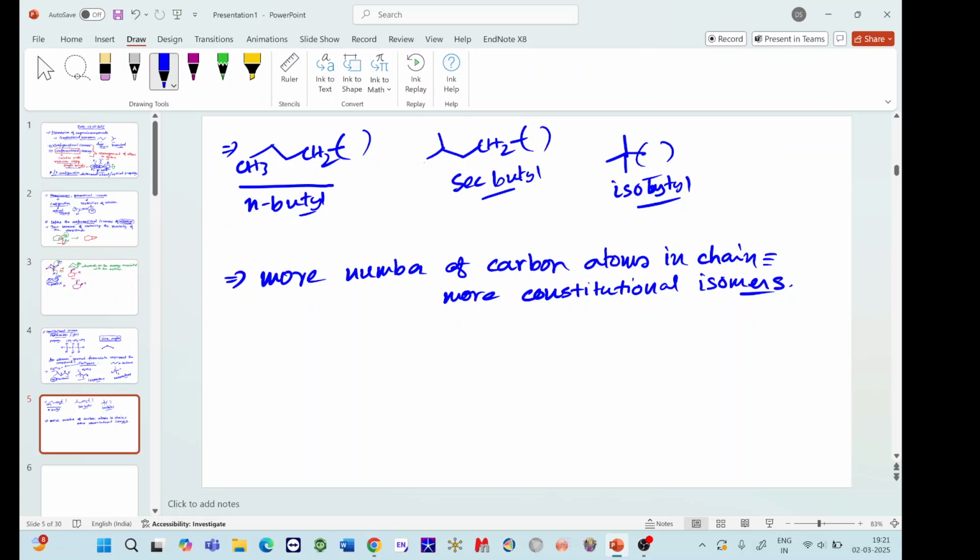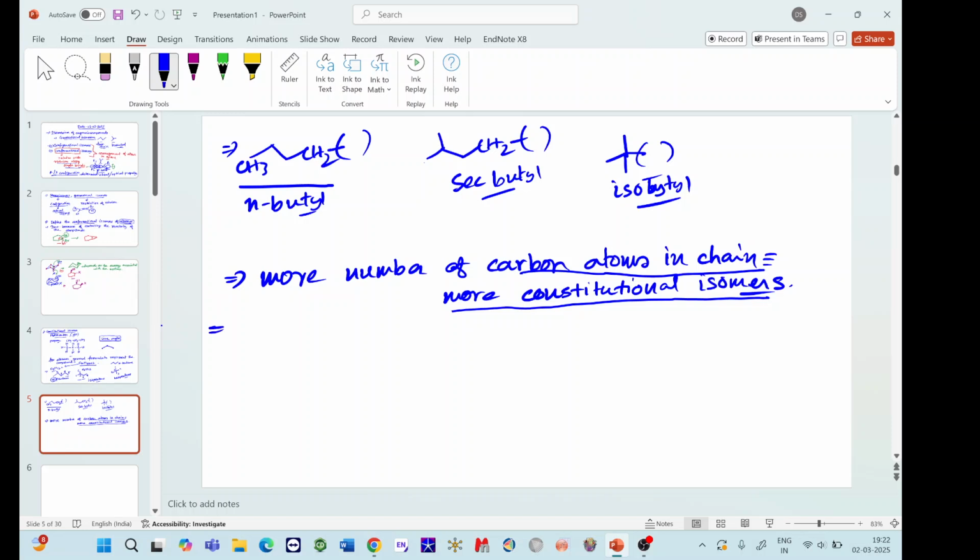You can have different combinations of chains. So if you go starting from butane, pentane, hexane along to 17, 18 long chains, there will be much more possibility of getting new structures. That is why organic chemistry is expanding day by day. You can synthesize different kinds of new molecules.